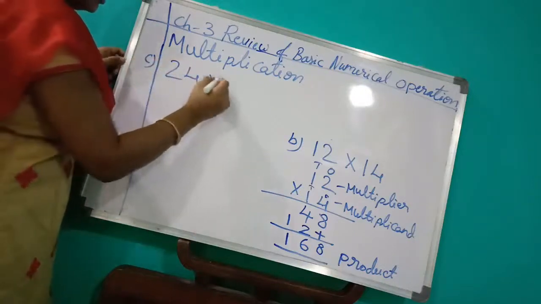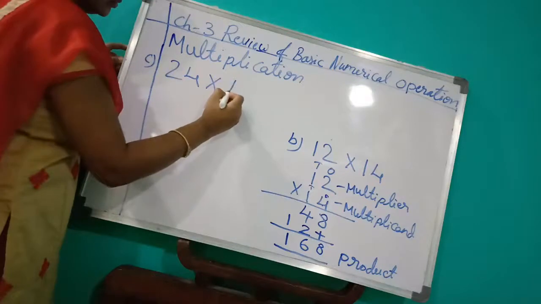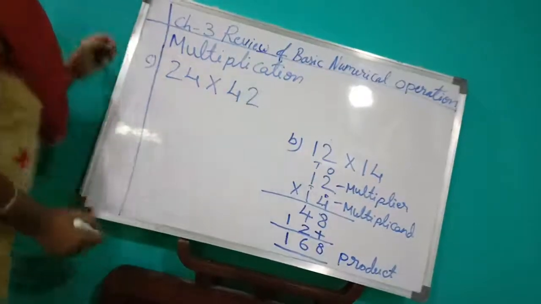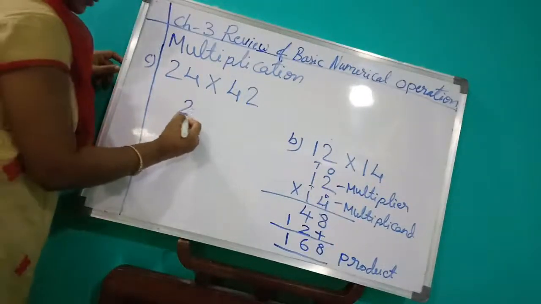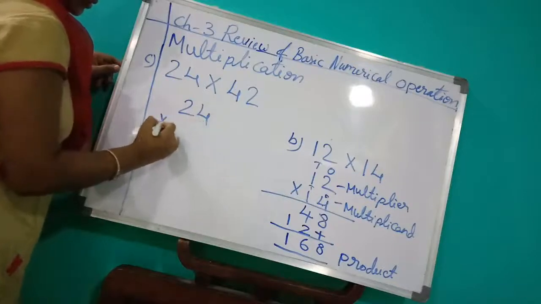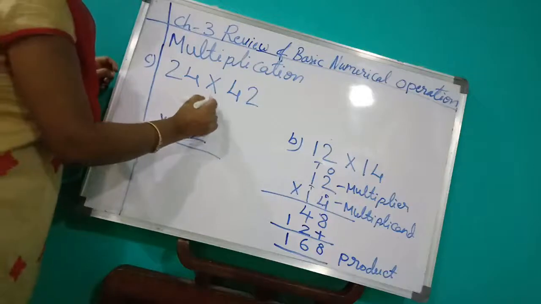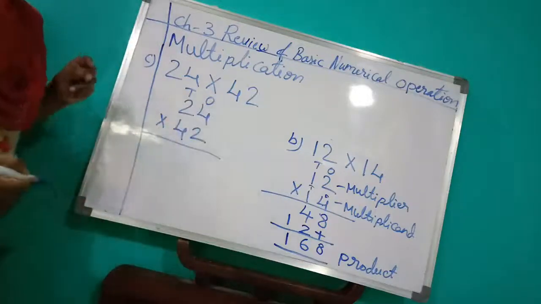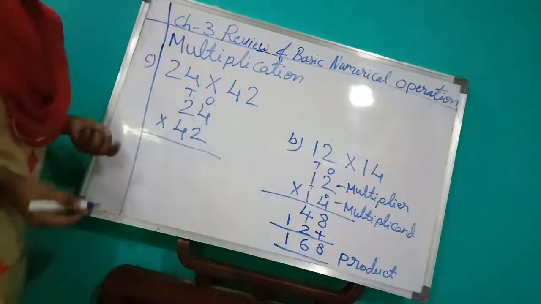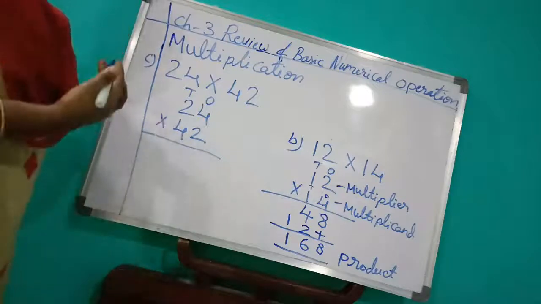24 into 42. What do you have to do? First of all, you should check which is in the ones place and which is in the tens place. After that, you should multiply starting from the ones place.